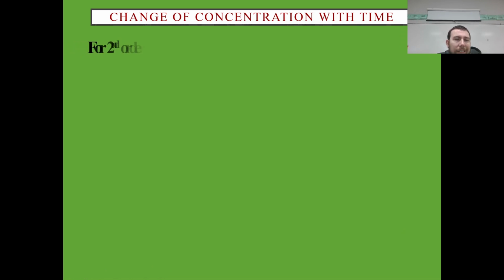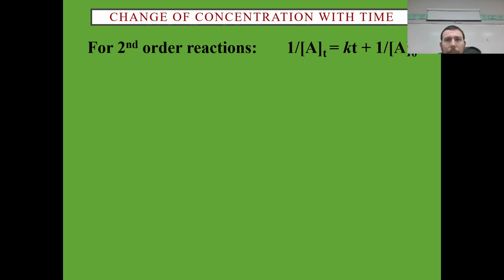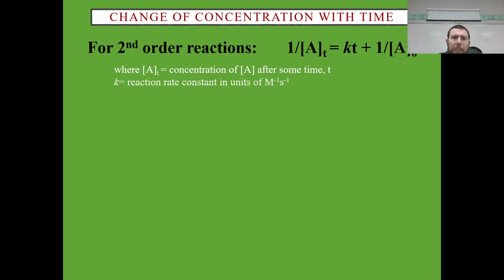Now, if our process is second order, the rate law can be expressed in our slope-intercept form as 1 over the concentration of A at some time t equals the rate constant times time plus 1 over the initial concentration, right? I'm not going to spend as much time going over what each of those variables mean.